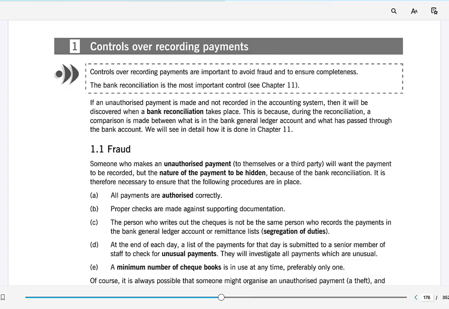Stage 3, making the payment safely. Now, after approval, the payment is made. This can be done by check. It can be done by bank transfer. It can be done through standing order. It can be done through direct debit. It can be done by cash for small amounts. Whatever method is used, controls are still needed. For example, with checks, checkbooks must be kept secure. Checks should be signed only by authorized signatories.